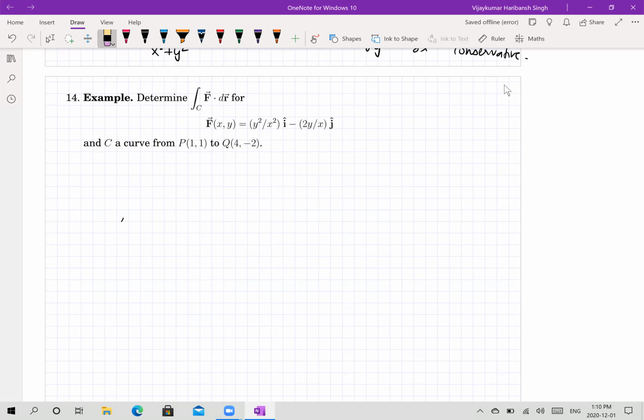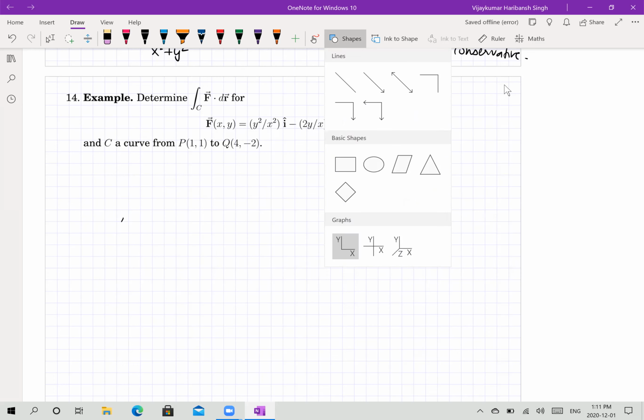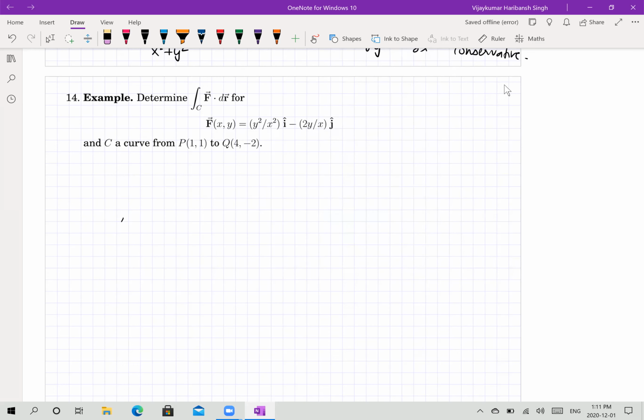I'm going to draw this region slightly more properly. So first of all, we have (1, 1), and we go from (1, 1) to (4, -2).